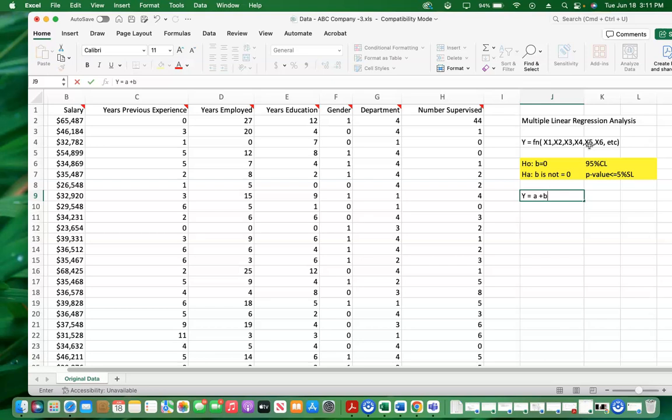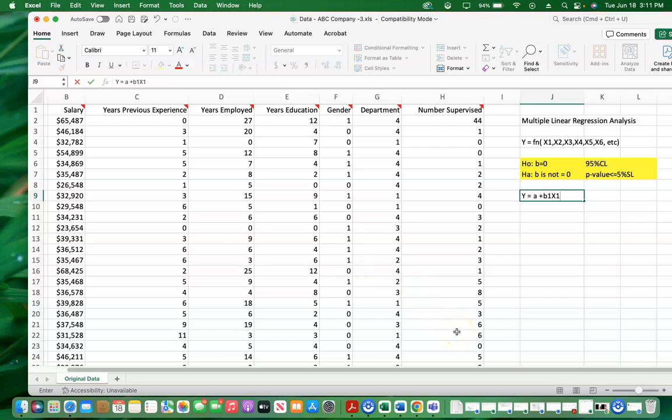So we will consider the slope of the first variable, which is x1, and that is the years of previous experience. And we will add, assuming that salary and years of previous experience have a positive relationship. However, if we know that the relationship is negative, then we will actually put a negative sign here.